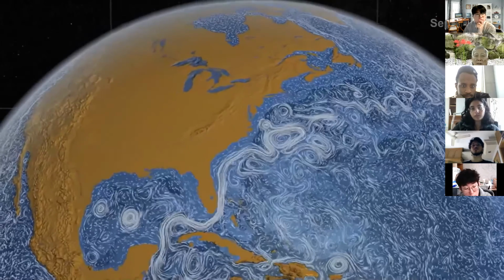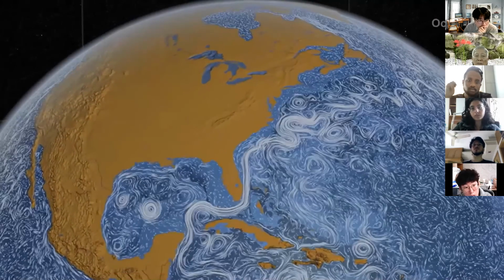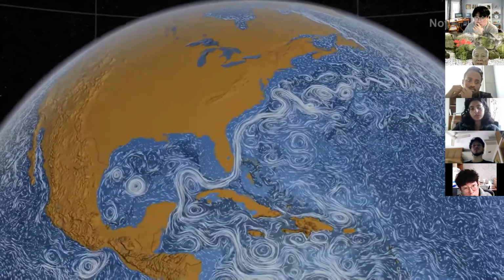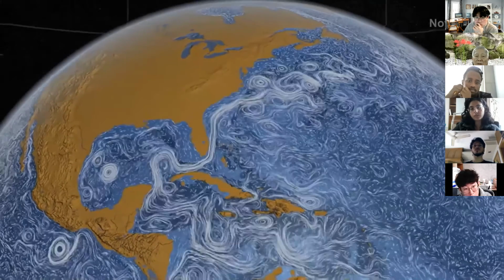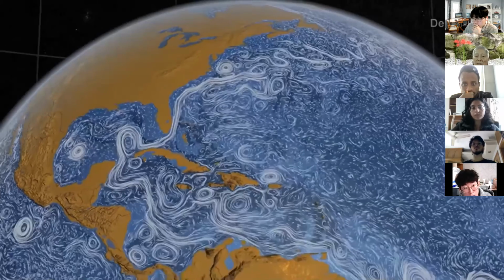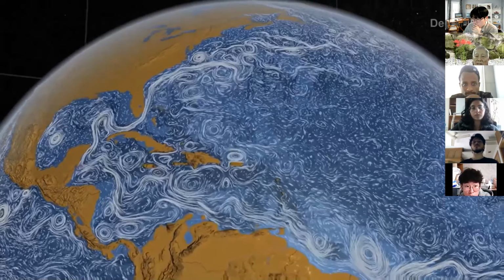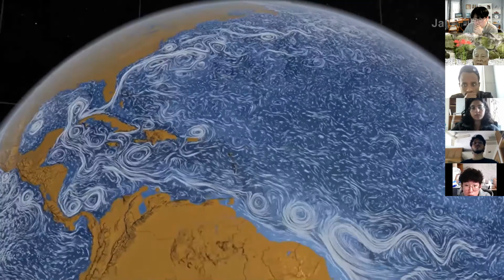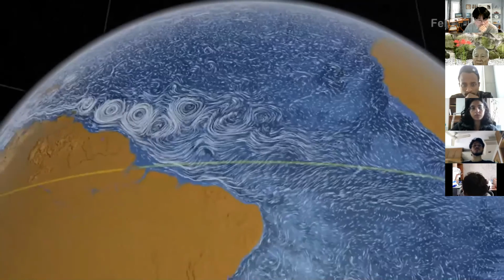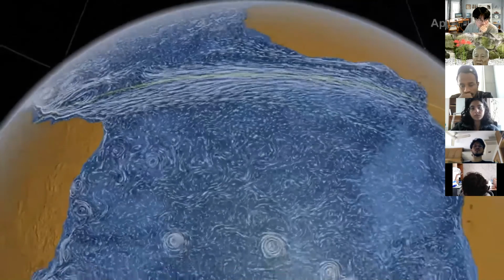This is North America around the Gulf of Mexico. Going down to South America, South Atlantic, and then Africa, South Africa.